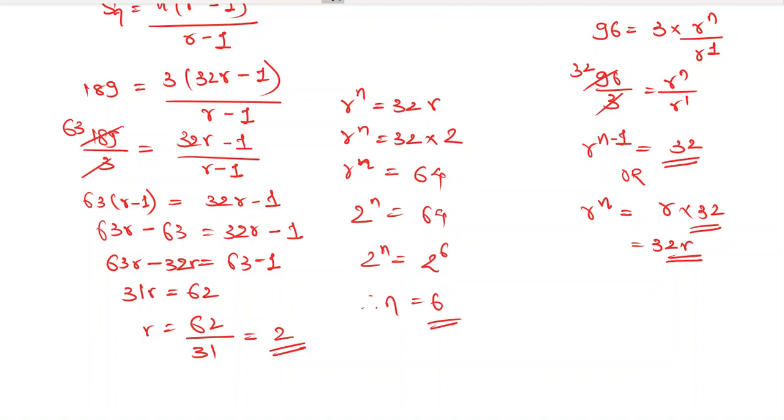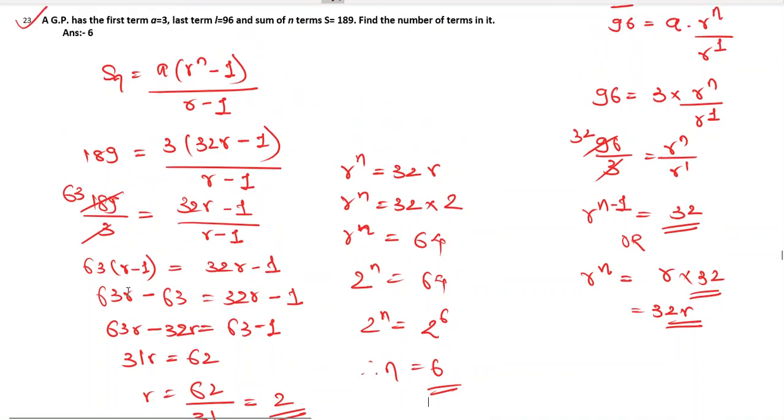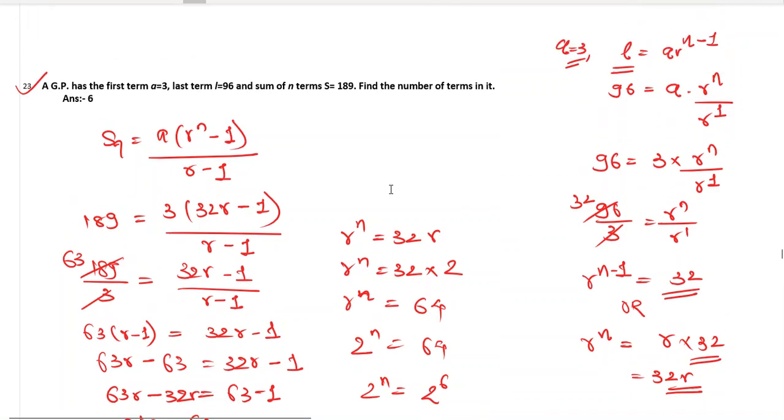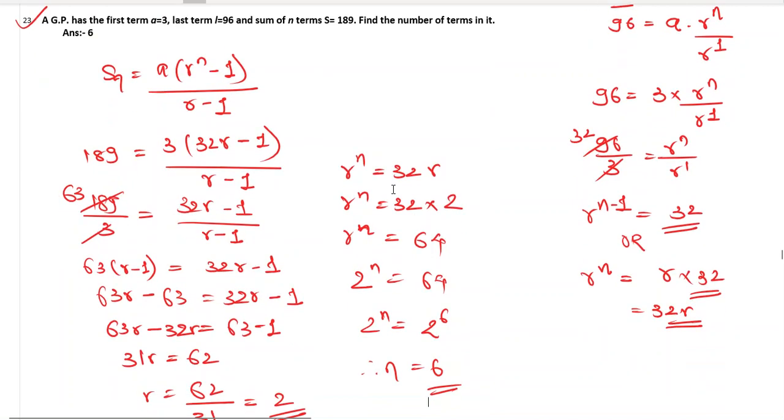So the idea which I used here is not according to the textbook. In the textbook, they have used a direct formula, which is lr minus a upon r minus 1. But what I did, I took the last term as the nth term and found a relationship between r raised to n and r. And then I used the relationship in sum of n terms.